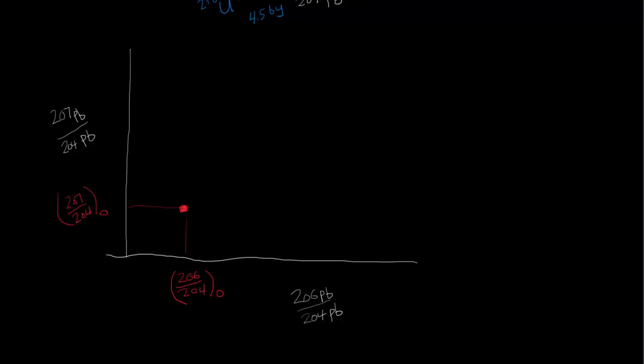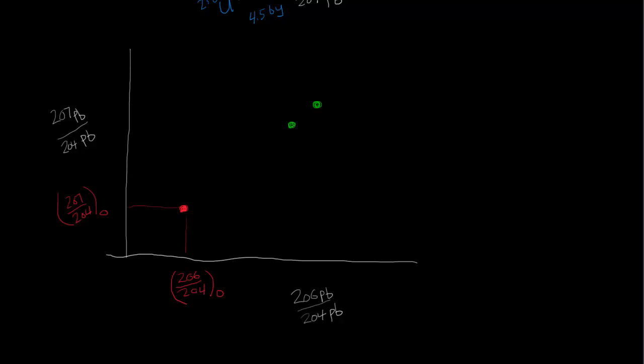He then plotted up some stony meteorites, which had higher concentrations of uranium and therefore evolved away from that initial composition, right? And he found that they lay sort of over like this. So these are the stony meteorites, and this red one was the iron meteorite.